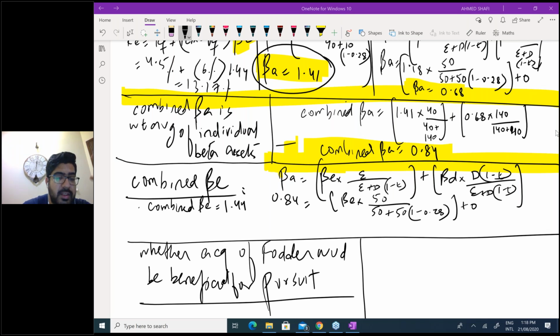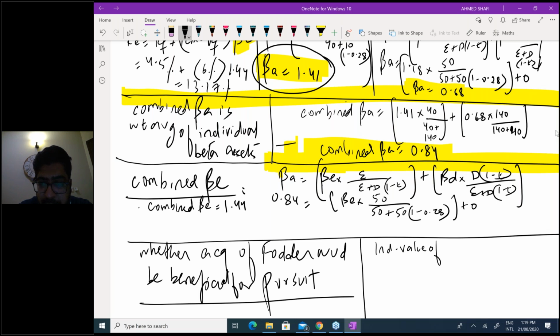Now the question is asking whether acquisition of Fodder is beneficial for Pursuit. Now it's just 1 or 2 marks. An acquisition is beneficial if it creates synergy, means more benefit, more value than the individual ones. So remember, the individual value of Pursuit was around 140 million given in the question.